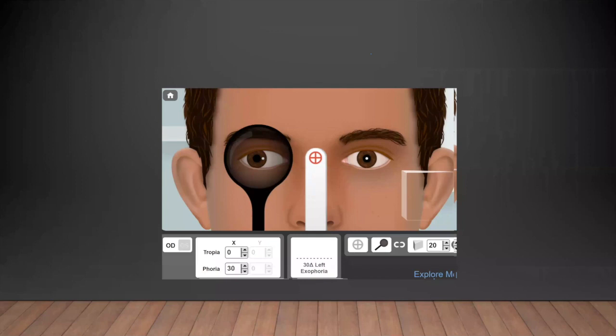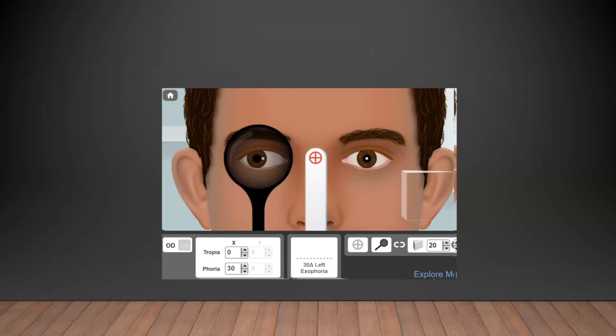Ortho is something that we are going to use for a cover test. Cover test, uncover test will tell you orthotropia or exotropia, esotropia, or exophoria or esophoria, hypo, etc. Cover test tells you orthotropias. Hirschberg tells you central or ET, XT, etc.